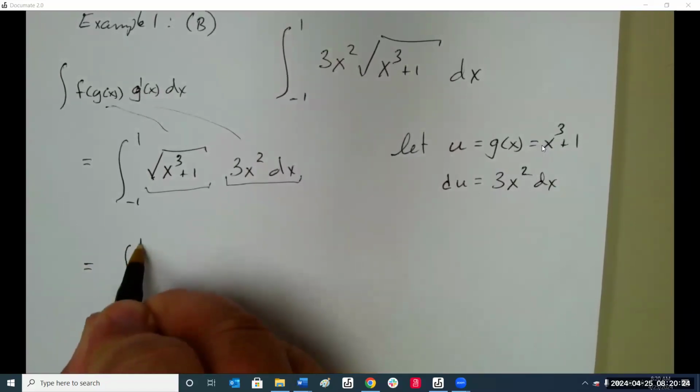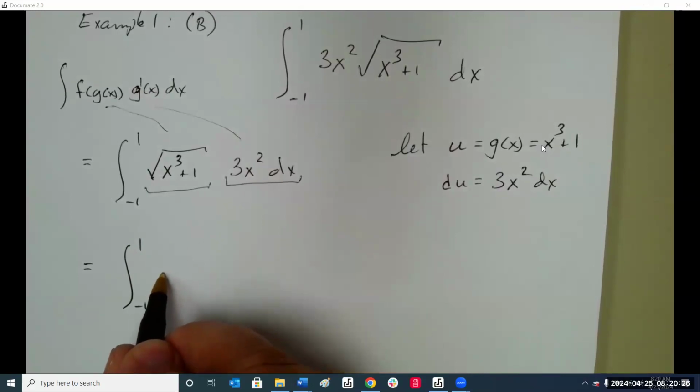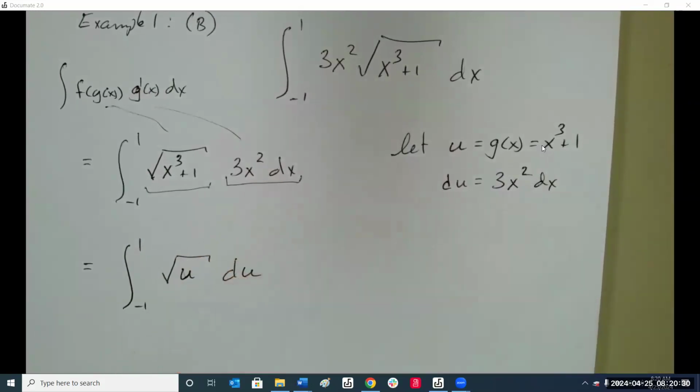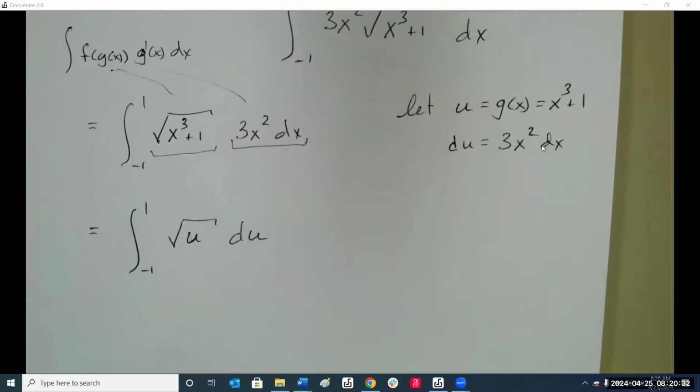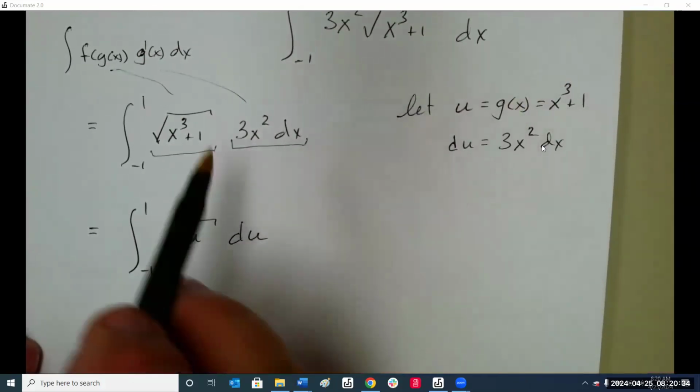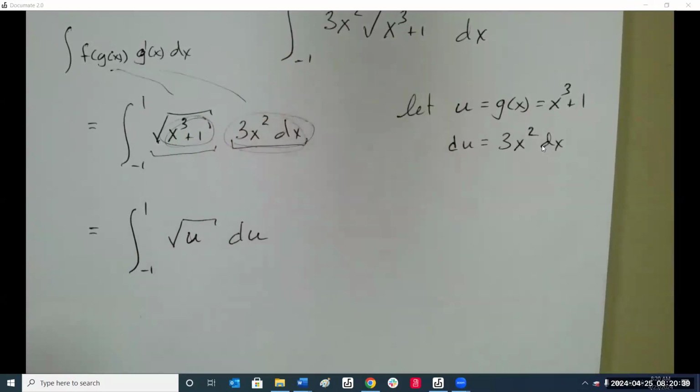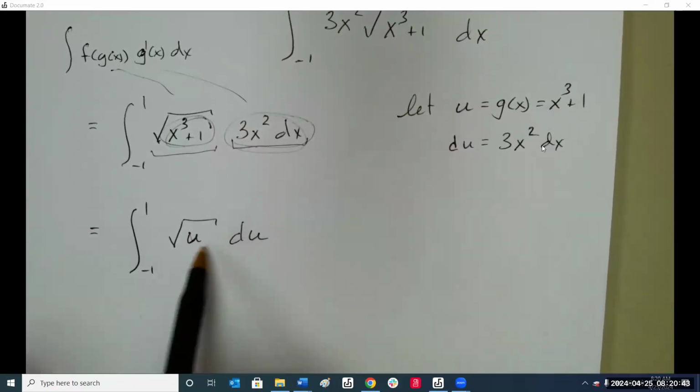So we have negative 1 to 1, the square root of u du. So that is my u. This is my du. Okay, that's the first thing I gotta change.